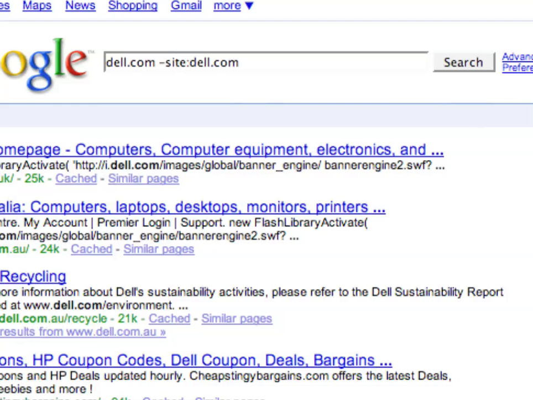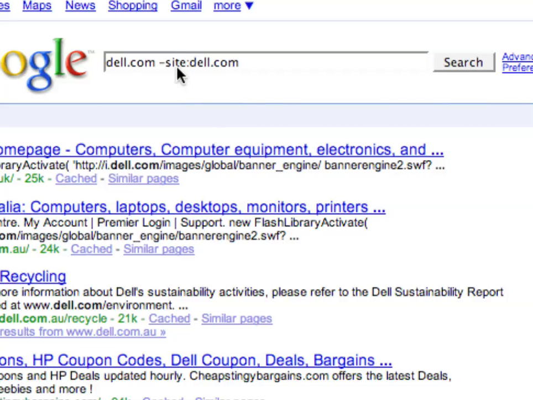So this number is really not telling us the whole story, because these domains are part of the Dell umbrella, or they might be owned by the company.